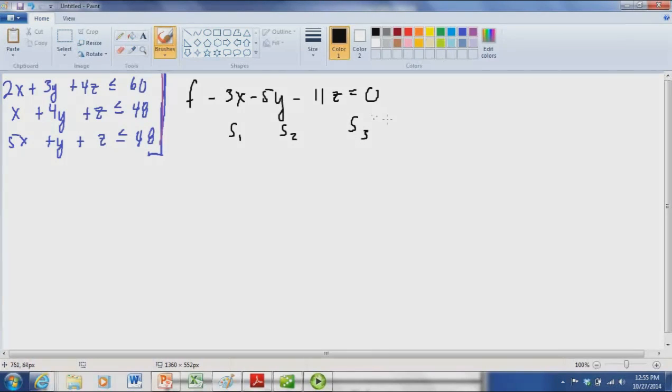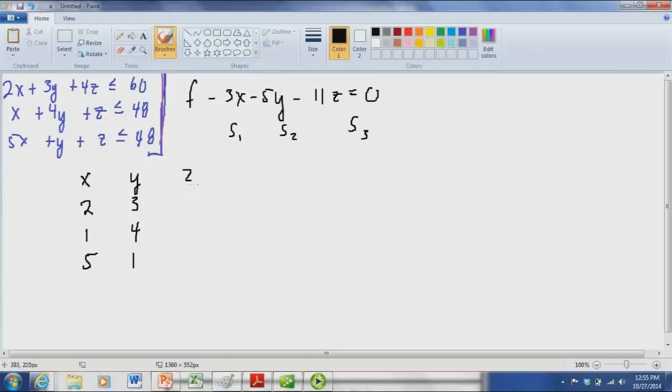Now watch what I do. We're going to set this up using our coefficients and zeros and ones. Down here, I'm going to put all my x values. So I've got a 2, a 1, and a 5. In this column, all my y values: 3, 4, 1.